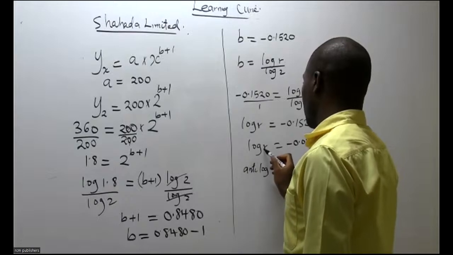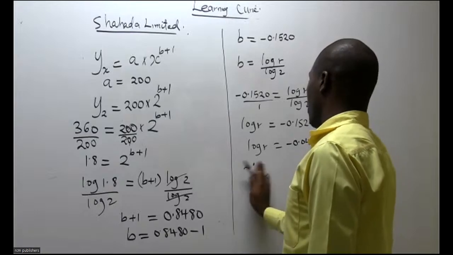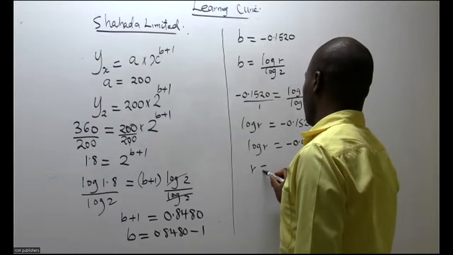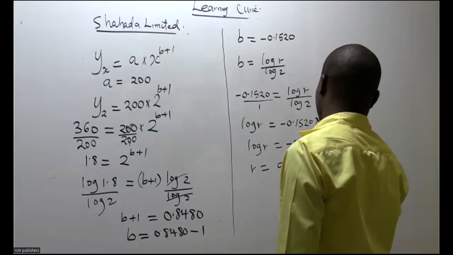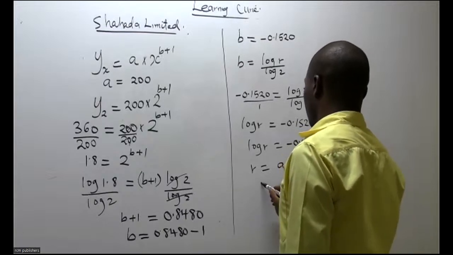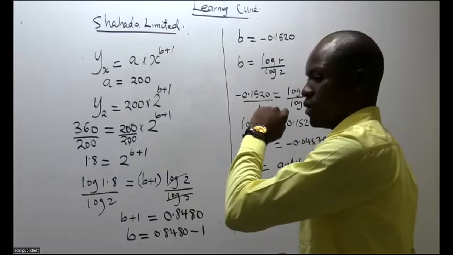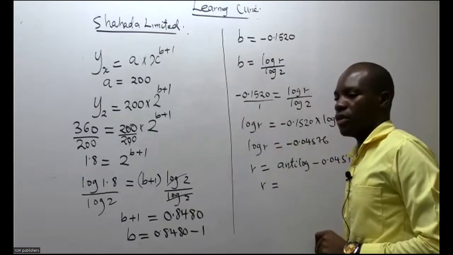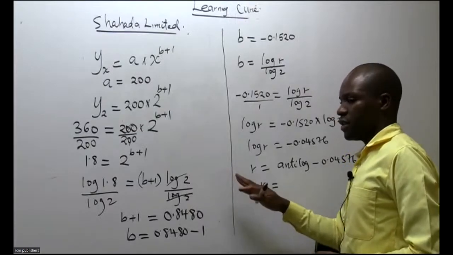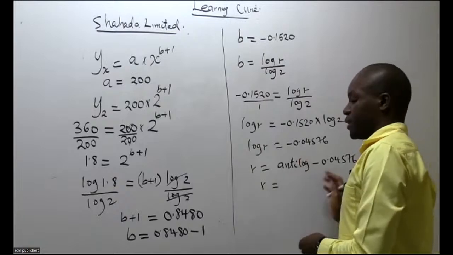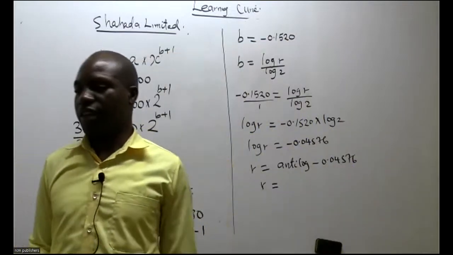So divide both sides by the anti-log, and you'll be able to get your R. R is equivalent to anti-log of negative 0.04576. So what will be the value of R? If you get the anti-log of your answer, just go to Shift, then click on that log, then answer. What will you have? I want to see those who are effectively using their calculators.